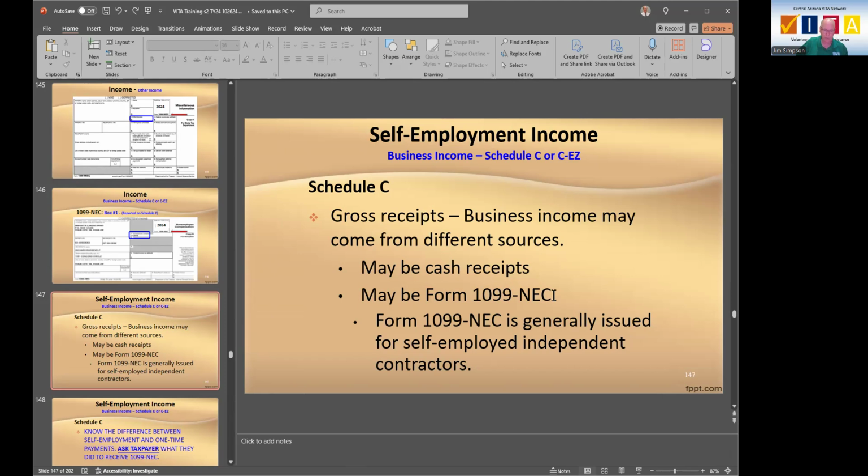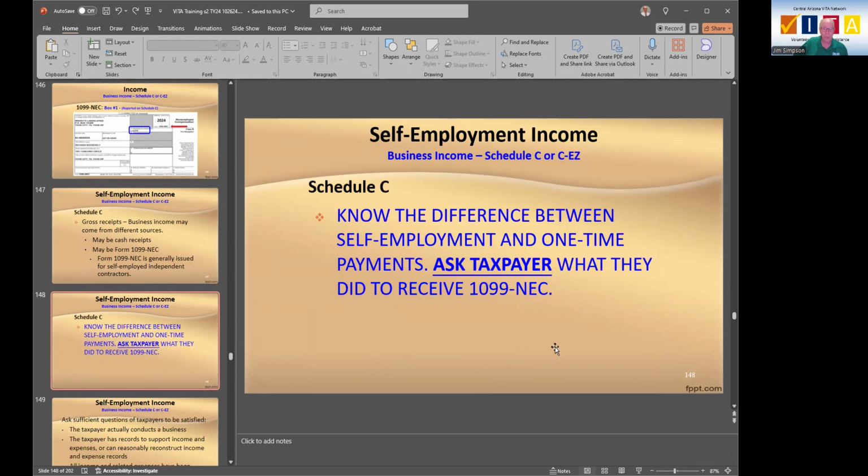Wrong. You have to, okay? And now once you do this, you have to put it on Schedule C, and now you become a self-employed independent contractor. And all your income now is subject to self-employment tax. That's a big surprise for some of these clients, okay?